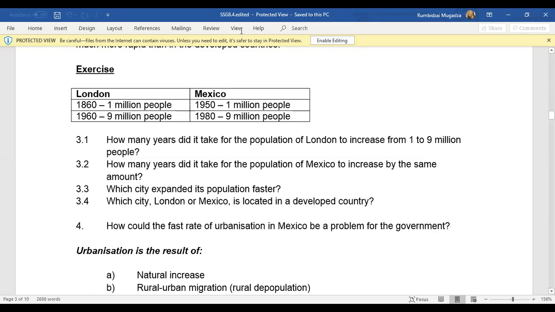You've already forgotten about urbanization. What happens when there are more people in the urban areas?